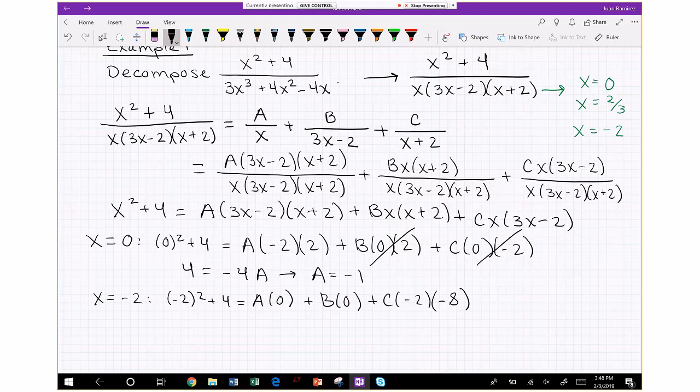So we end up with 8 equal to 16c. Therefore, c is equal to 0.5.